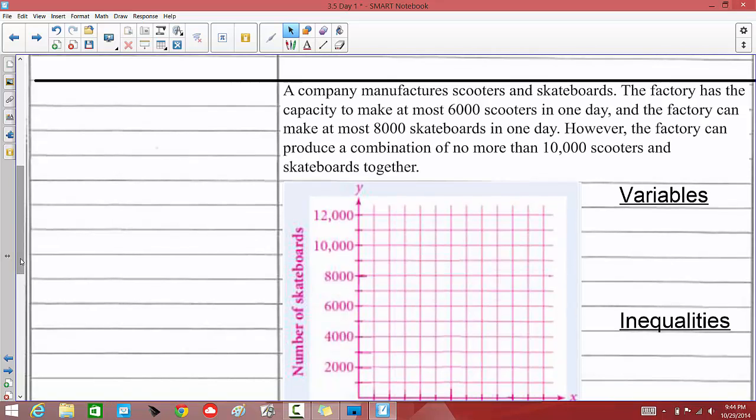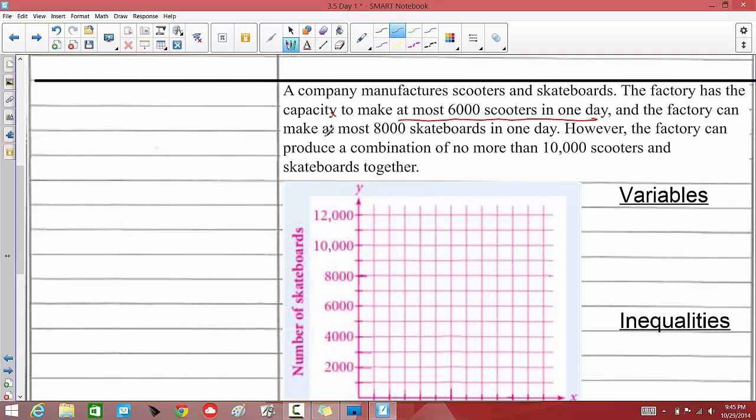Step number one is to go through and read these problems and highlight any important information. So I'll read the problem once and then highlight the important information. A company manufactures scooters and skateboards. The factory has the capacity to make at most 6,000 scooters. So we got a limitation there, 6,000 scooters in one day.